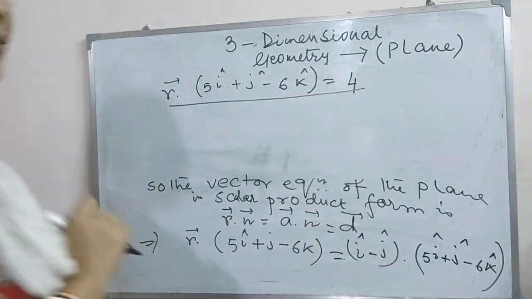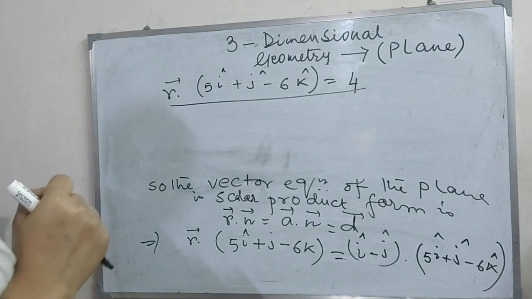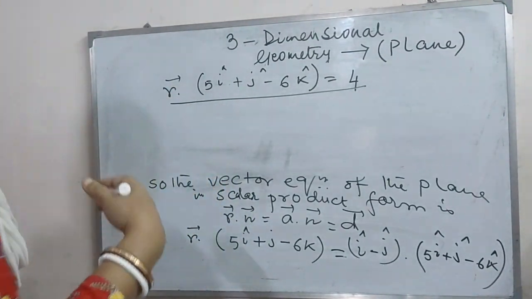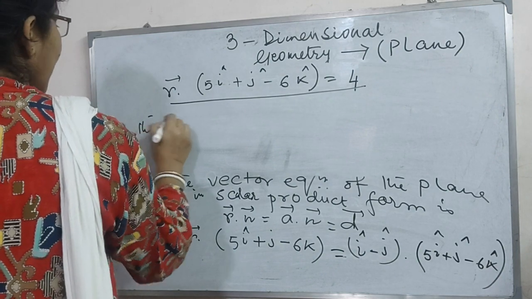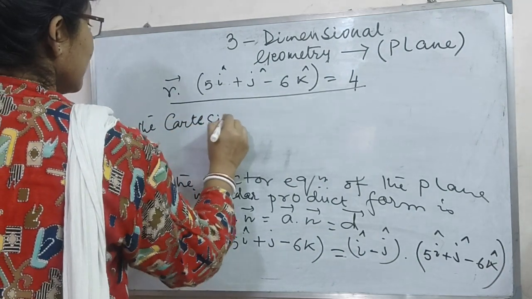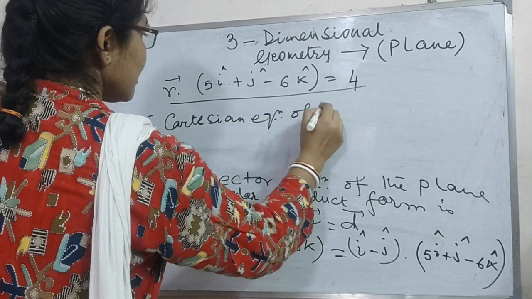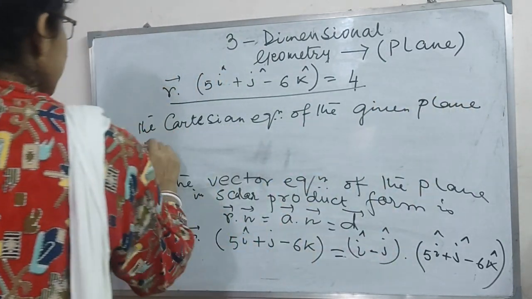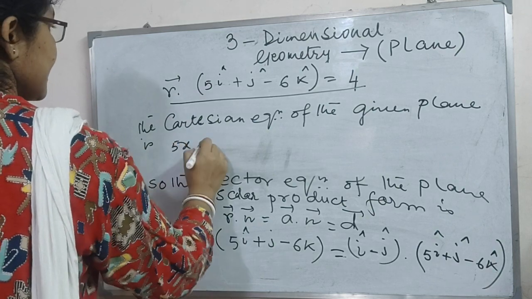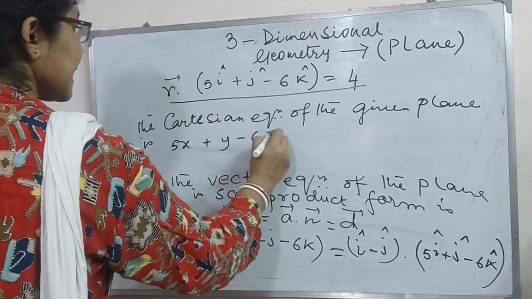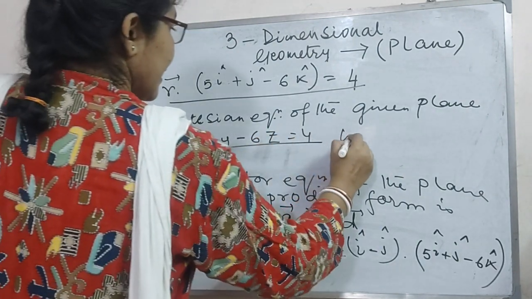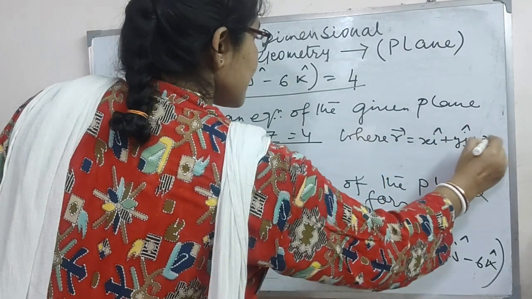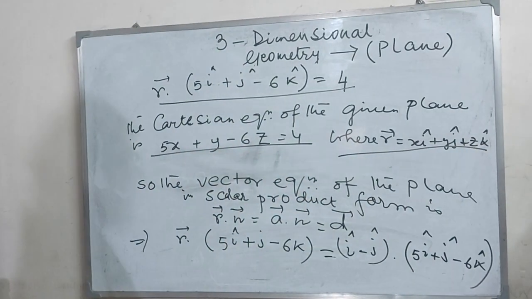This is the required vector equation of the plane, and from here I can also tell that the Cartesian equation of the given plane is 5x plus y minus 6z equal to 4, where r vector equal to xi plus yj plus zk.